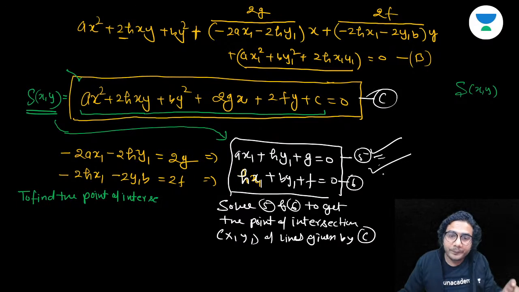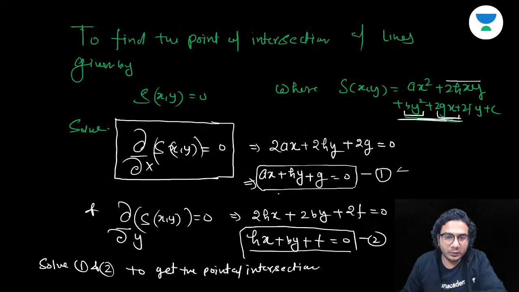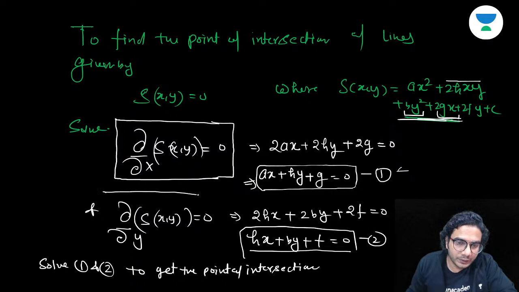And we know that if we solve these two equations, the values of x and y are basically the values of the point of intersection. So this is a way to memorize it. You need to solve these two equations, which I am writing inside the box.